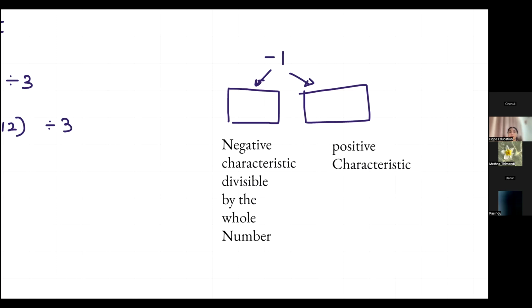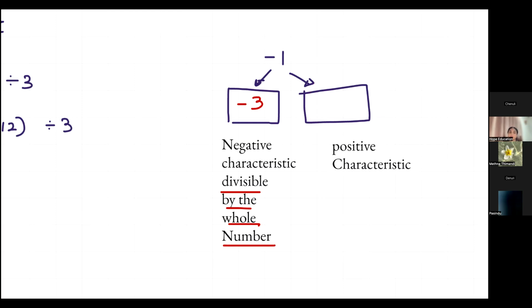So that is how you should divide it. The negative number closest to minus 1 which is perfectly divided by the whole number is minus 3. If I use minus 3 here and I want the answer as minus 1, what should I put here? Minus 3 plus what would give minus 1 as the answer?